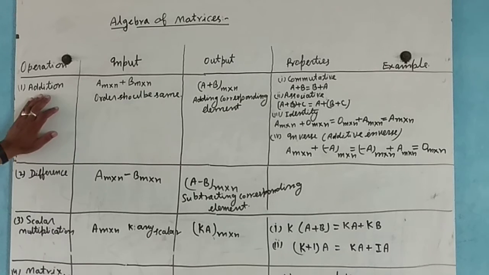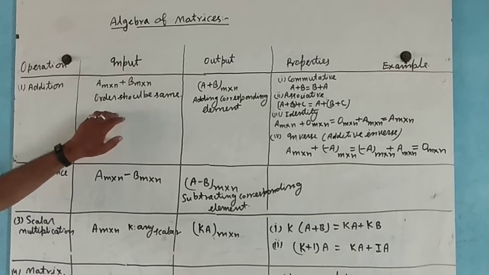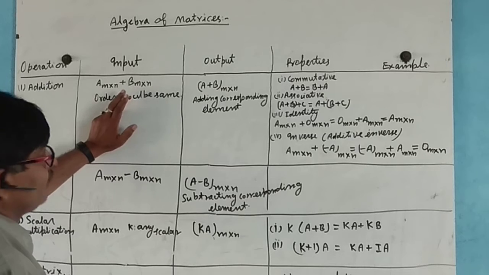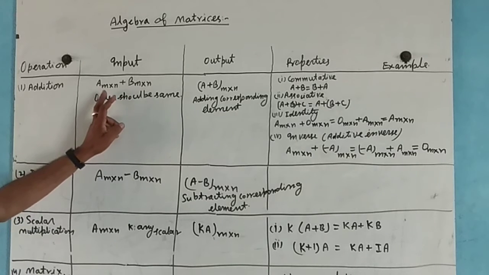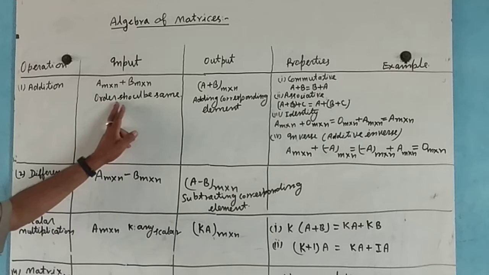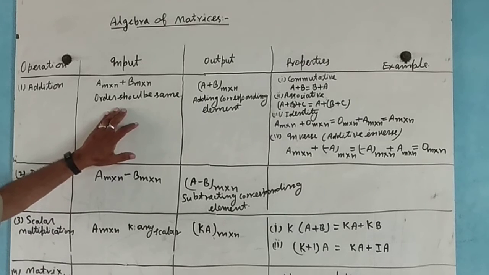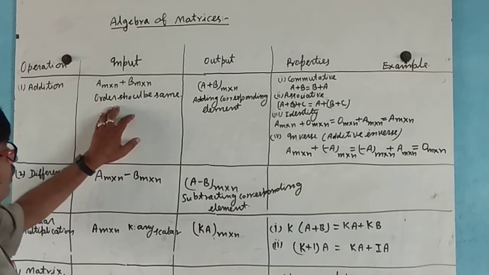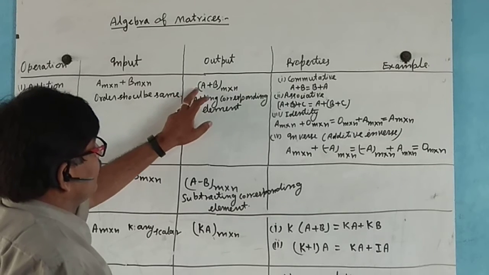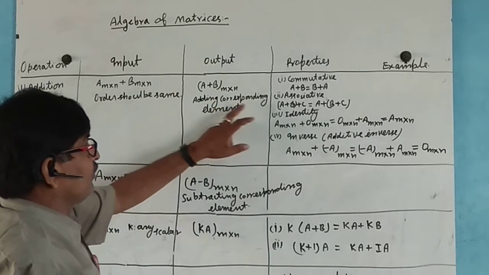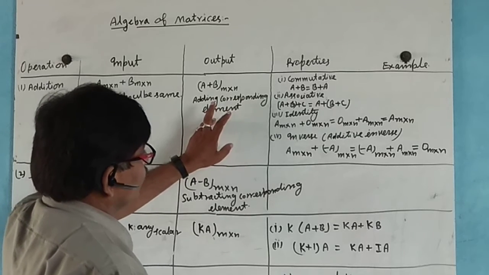First operation: the input is matrix A and matrix B, both of the same order, m cross n, any order but it should be the same. It means that if we add the matrices, then their order should be the same, and the output we get is matrix A plus B, whose order will be the same, adding corresponding elements.